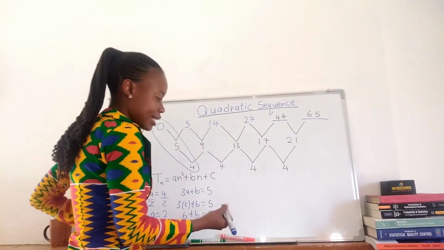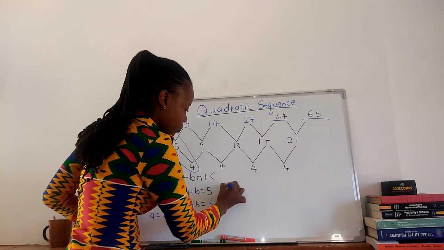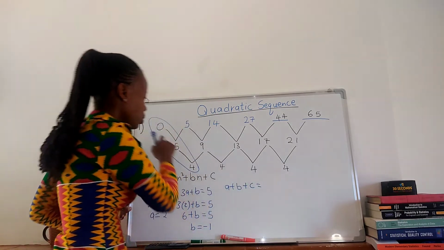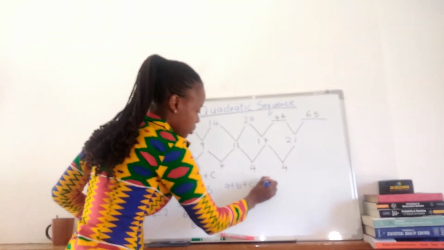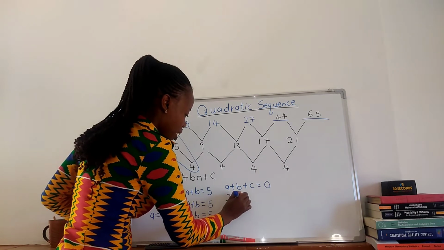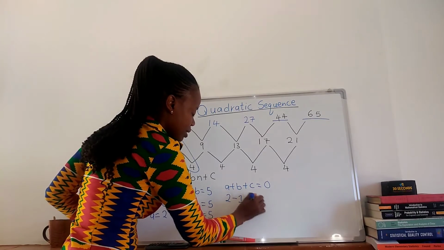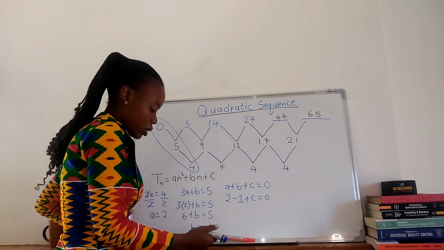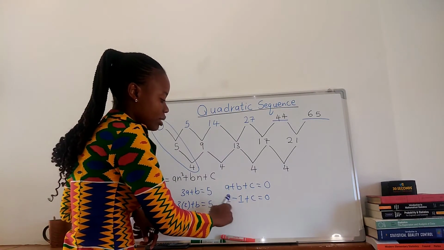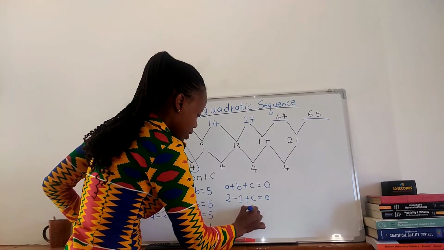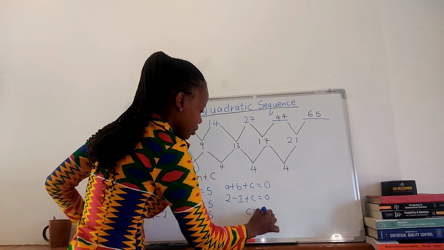And to find our c, we have a plus b plus c equals the first term, 0. For this case, 0. Our a is 2. We're going to have 2 minus 1 plus c equals 0. We make c the subject. This is going to be 1, and then we take it to the other side, which means our c is equal to -1.